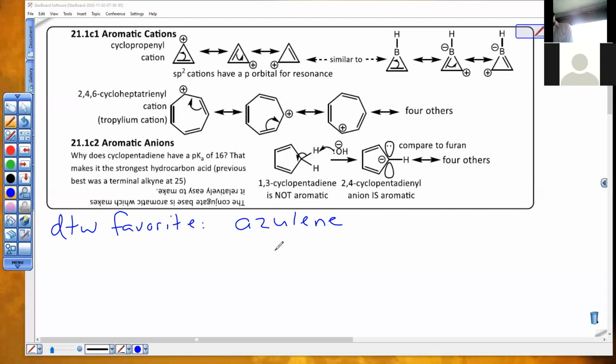One of my favorites, azulene, which looks like a nonpolar molecule that you'll see right here. Azulene has your favorite ring size 7 glued to a 5. And it's got double bonds like this.